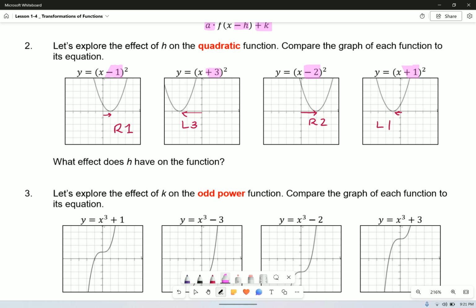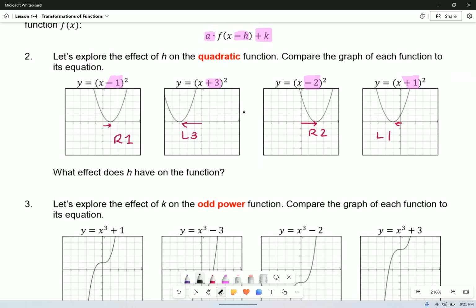So what does the effect of h have on the function? Well, first of all, the number that's represented by h, which is this number right here, is going to be the horizontal shift. It's going to be the horizontal shift. So that number tells you how far you're going to move left and right.